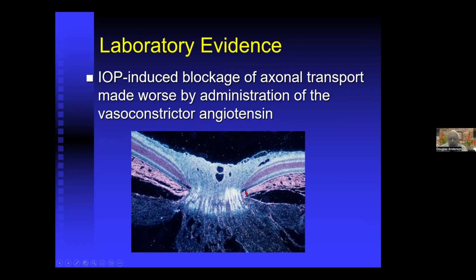And that is at the choroid. The choroid doesn't have a blood-tissue barrier, and the angiotensin can seep out into the optic nerve head and cause vasoconstriction locally in this particular region. And so even though angiotensin raises the blood pressure at the same time, which should make it easier for blood to flow through the area, there is a worsening of this blockage by angiotensin.